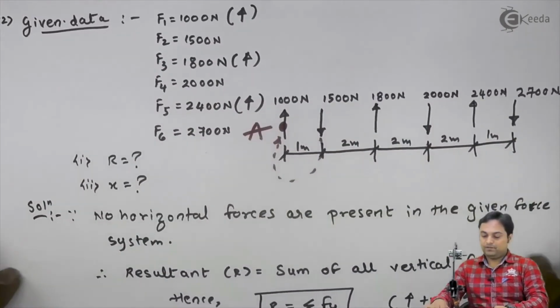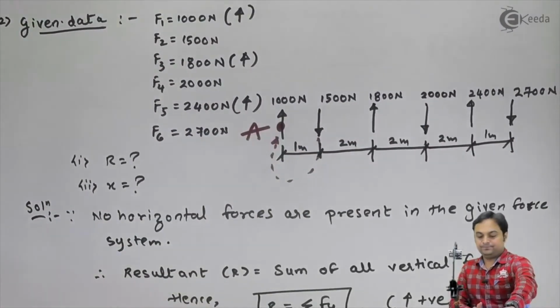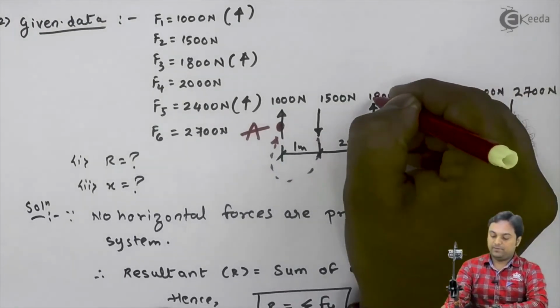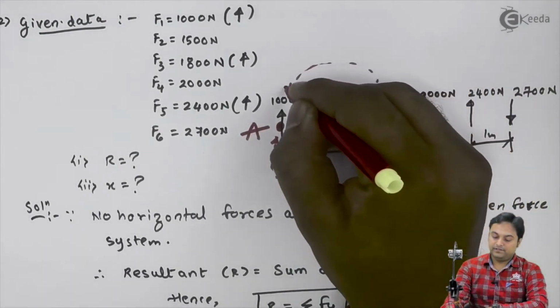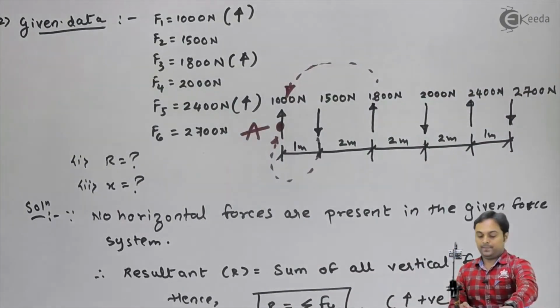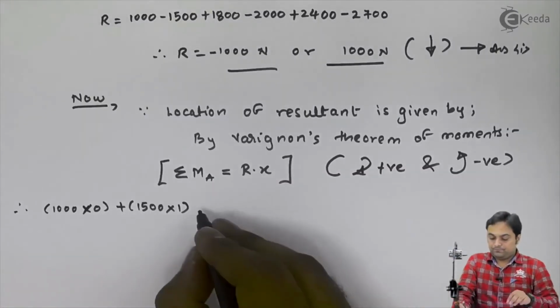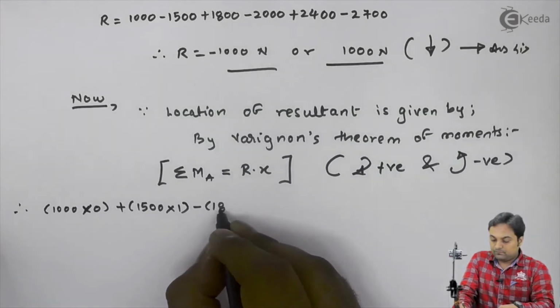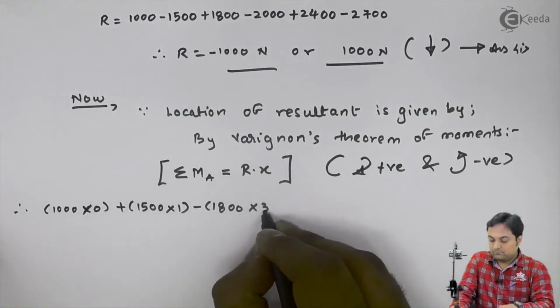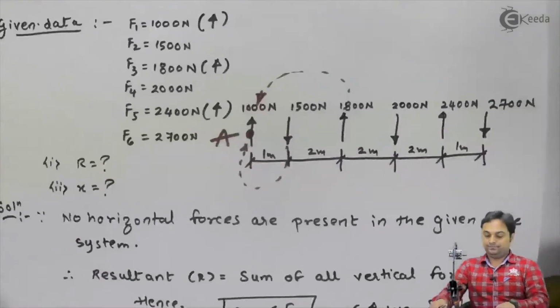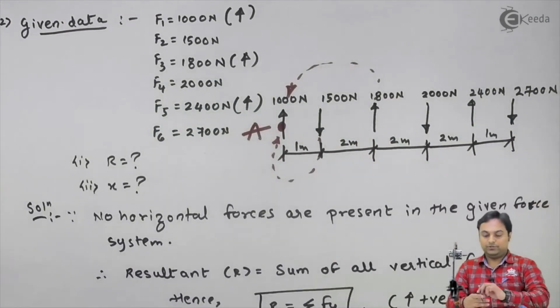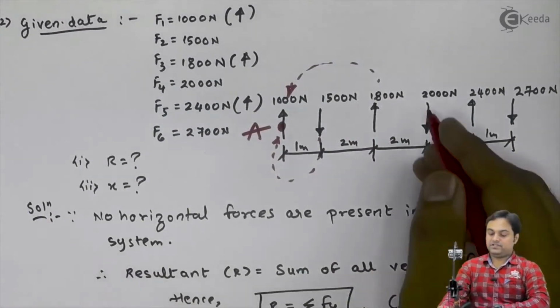Then 1800. This will be producing a moment in anti-clockwise direction. So minus 1800 into 3, then 2000 Newton, which is acting downward.